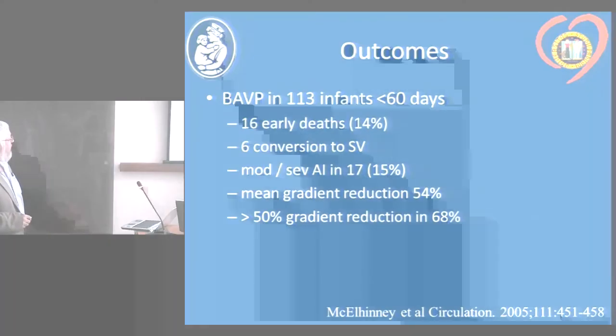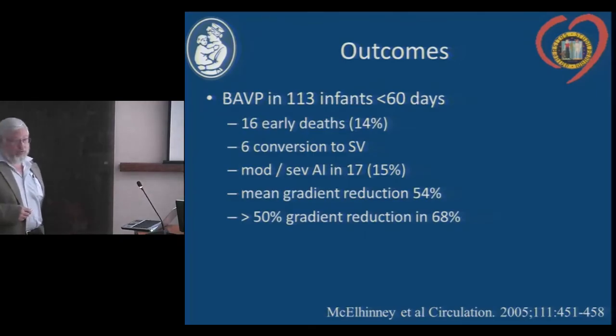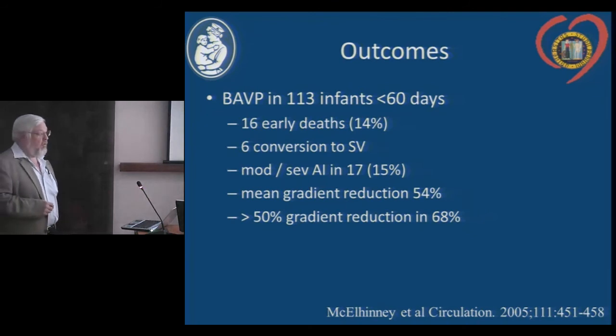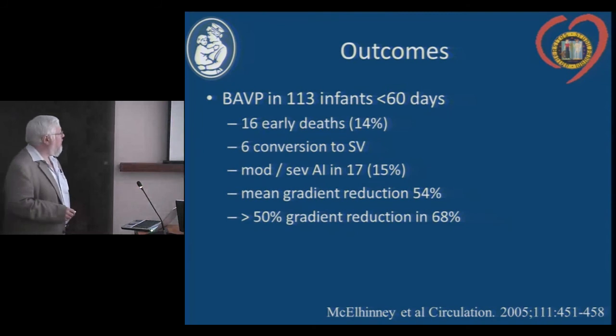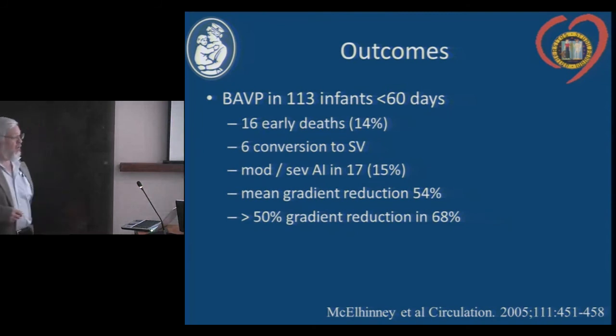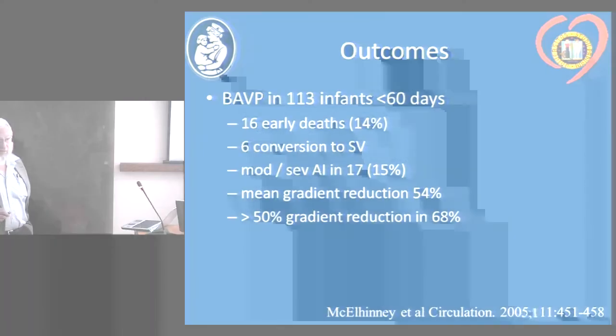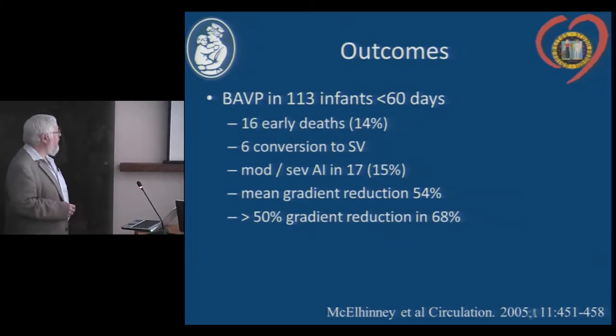In addition, 6 were converted to a single ventricle approach simply because the left heart proved to be inadequate to support the systemic circulation. 15% also developed moderate or more aortic insufficiency when essentially none was present before. So you can see that there is a substantial risk for development of significant aortic insufficiency after balloon dilation.